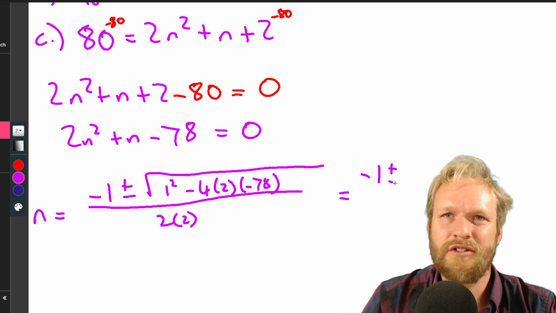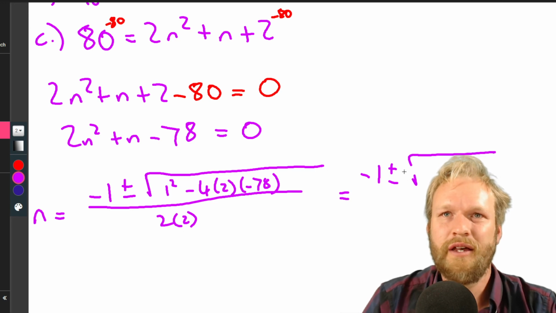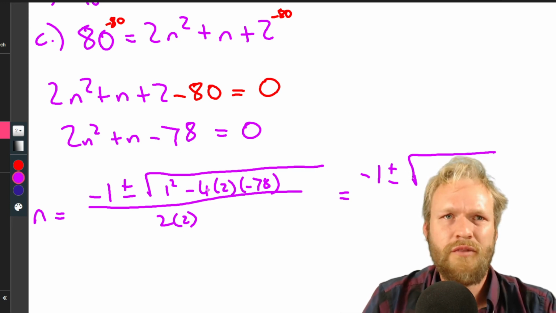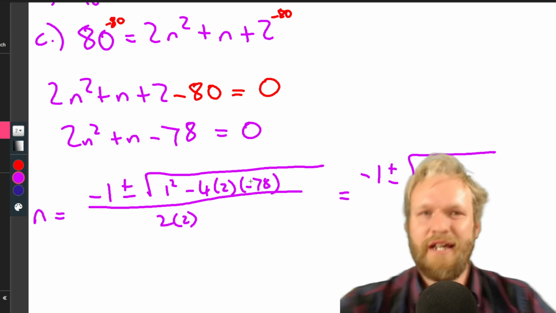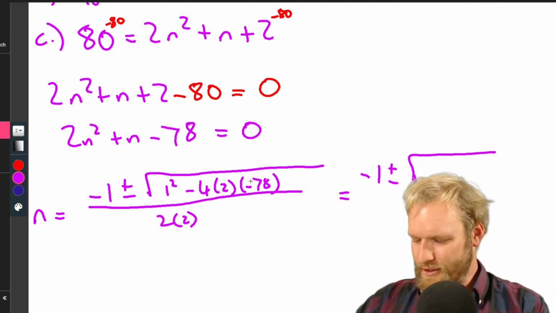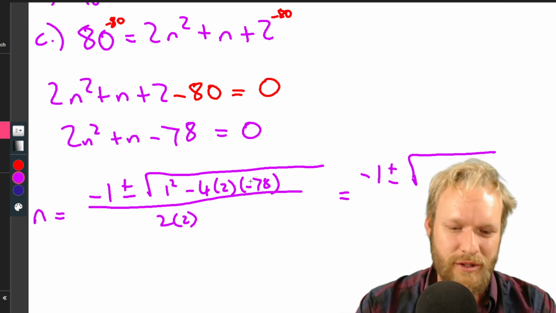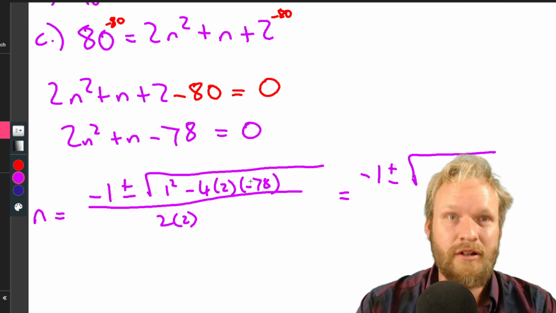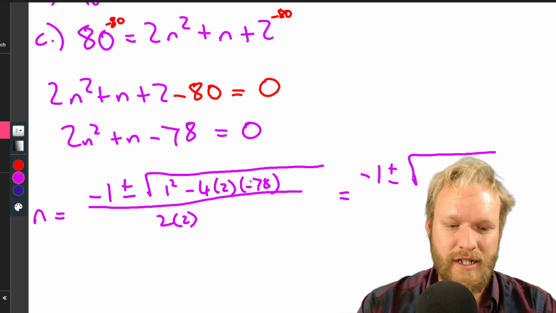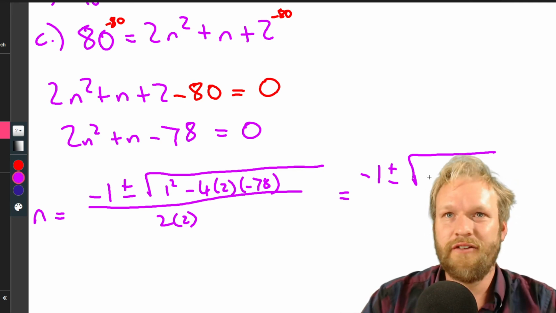It's nice to have this one in between step and go, well, 4 times 2, 8, 8 times 78. Calculator pops out. I've got mine here at the ready and I go, okay, well, 1 squared minus 4 times 2 times 78 gives us 625.